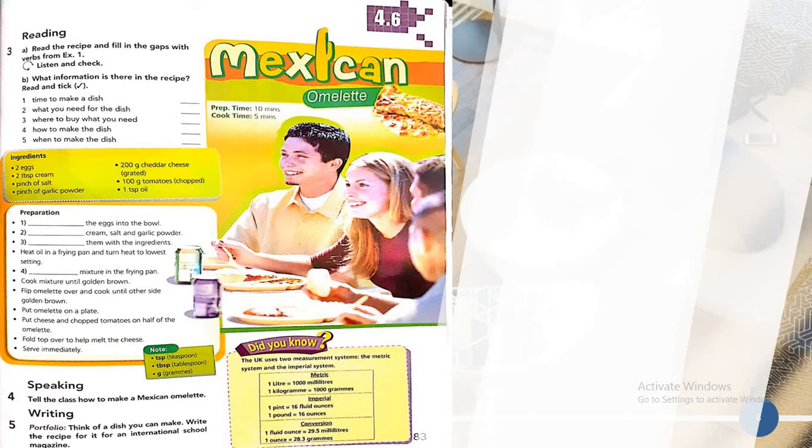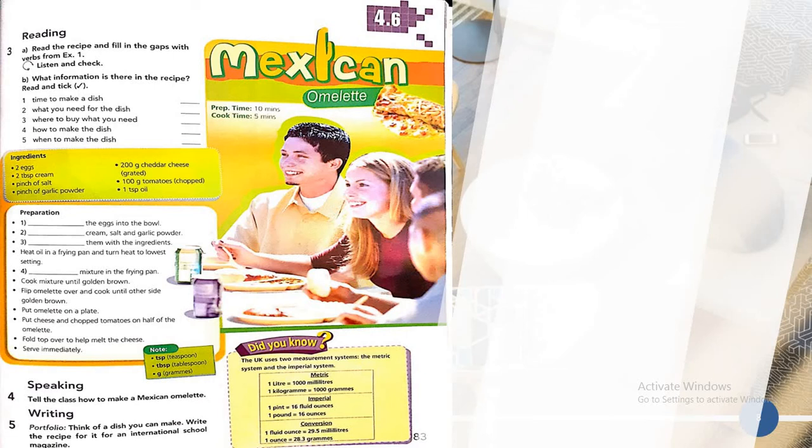Okay, let me read the recipe, which contains the ingredients: 2 eggs, 2 tablespoons cream, pinch of salt, pinch of garlic powder, 200-gram cheddar cheese, 100-gram tomatoes, chopped. Okay, 1 tablespoon oil. So these are the ingredients.